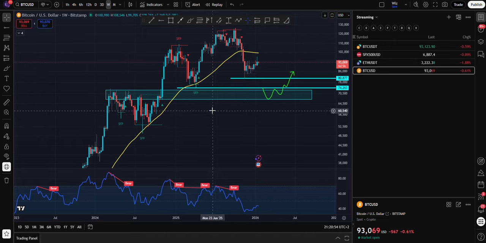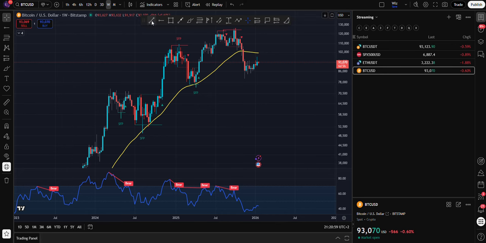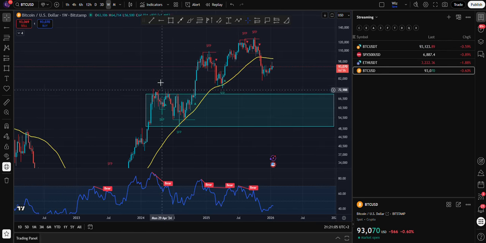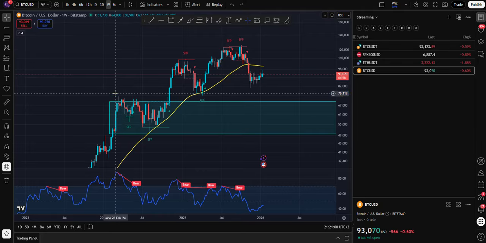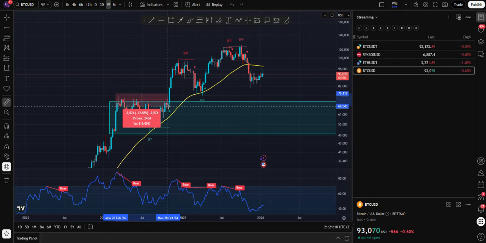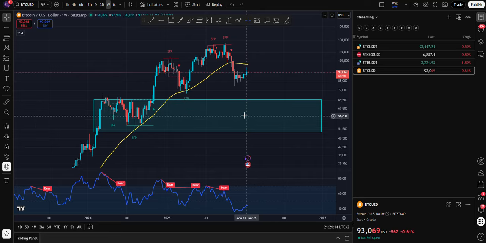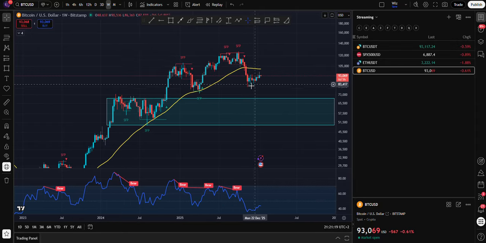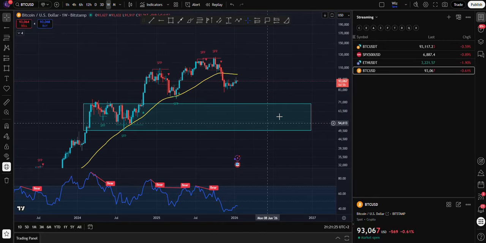If this doesn't hold, then bad news for everyone, because then we're looking into this big range here, which Bitcoin was trading in for almost a year. So if we fall back into this range, it will take a lot of time to form a base here before the new bull run starts.